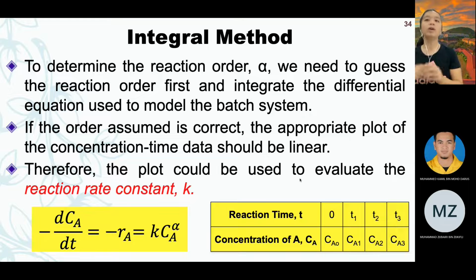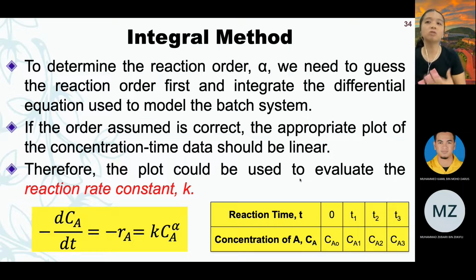Okay, so integral method is only advisable if you have prior knowledge and you just want to confirm betul tak tindak balas saya reaction order seperti yang saya tahu. For example, katakan your reaction is a common one and from literature dia kata first order reaction.